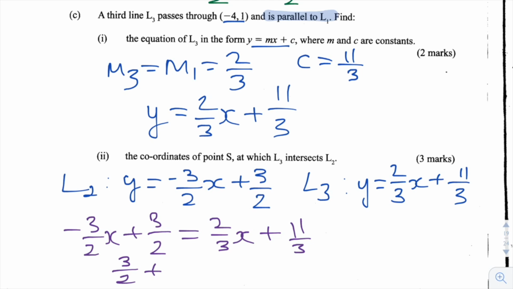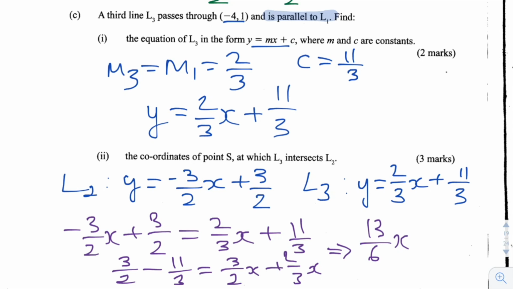So I get 3/2 minus 11/3 is equal to 3/2 x plus 2/3 x. 3/2 x plus 2/3 x is equal to 13/6 x. 3/2 minus 11/3 is equal to -13/6.